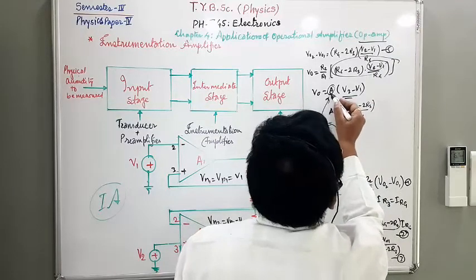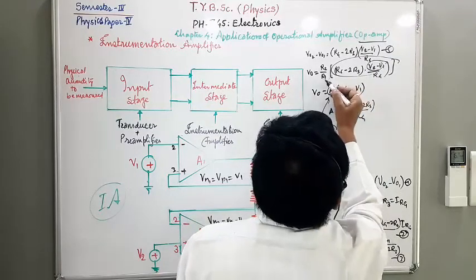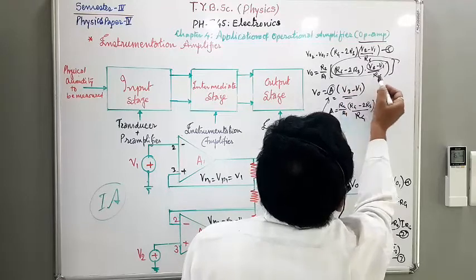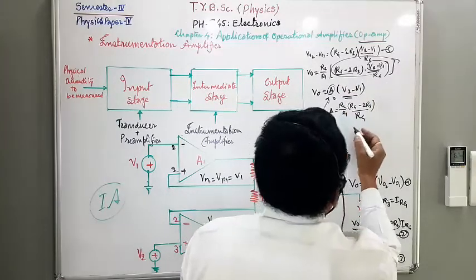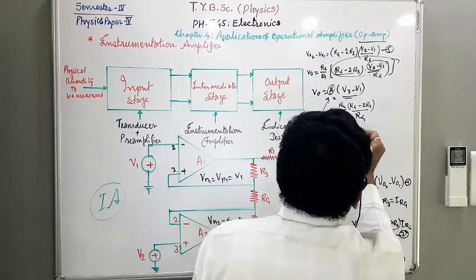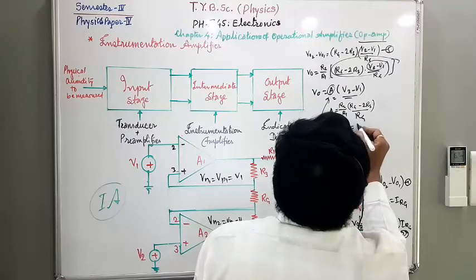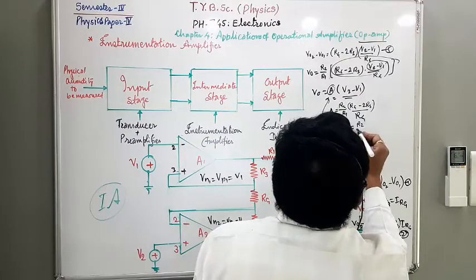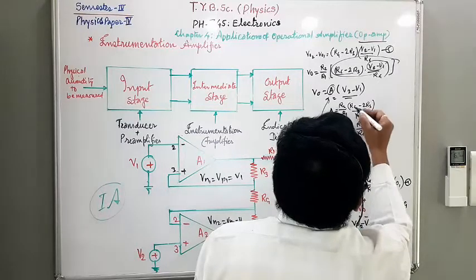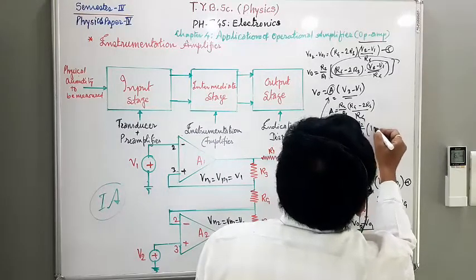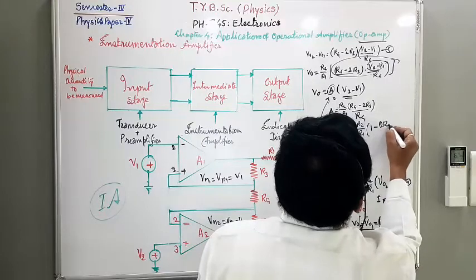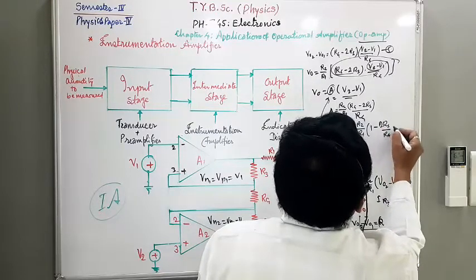So A is equal to R2 upon R1 in bracket RG upon RG plus 2R3 upon RG.